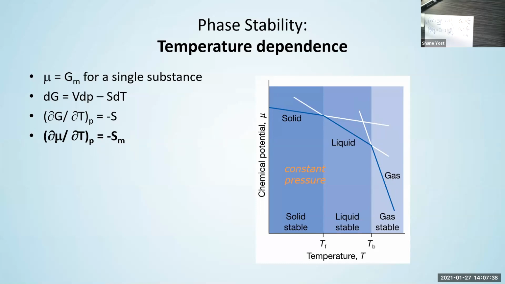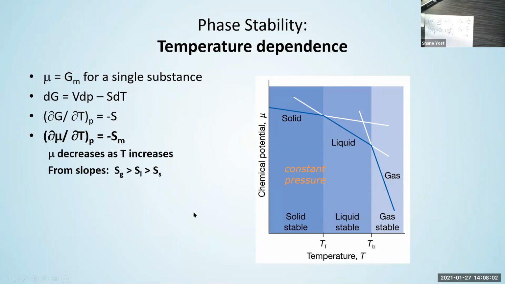That molar entropy, the entropy per mole of a solid, is much smaller than the entropy per mole of a gas. So the entropy of a gas changes significantly more with temperature than that of a solid. And so the chemical potential of a solid is relatively constant with temperature, while the chemical potential of a gas varies quite a bit with temperature.